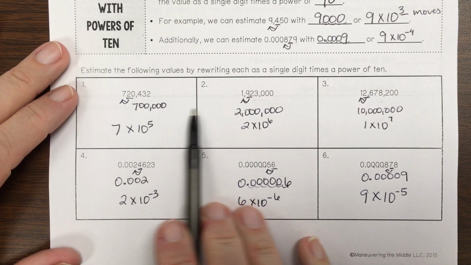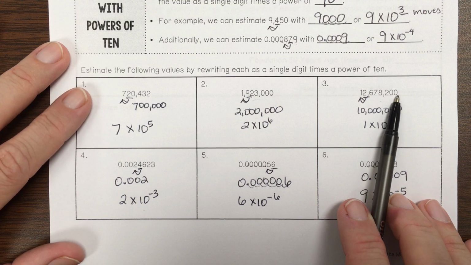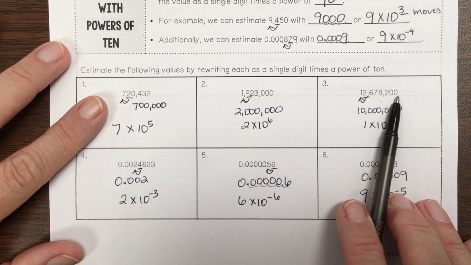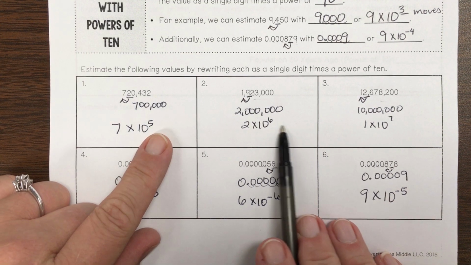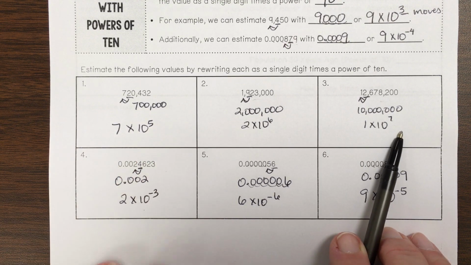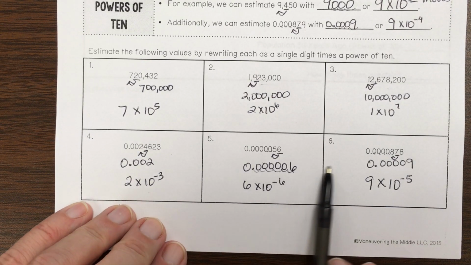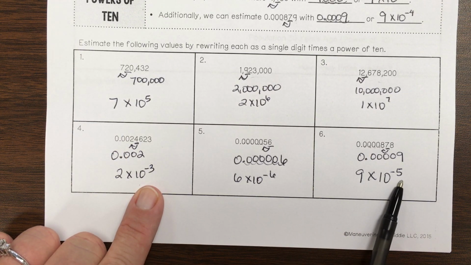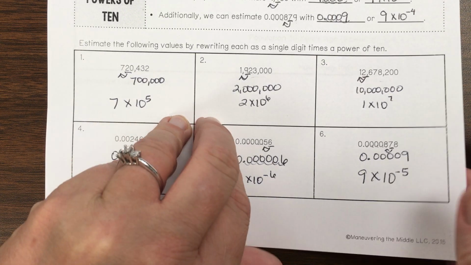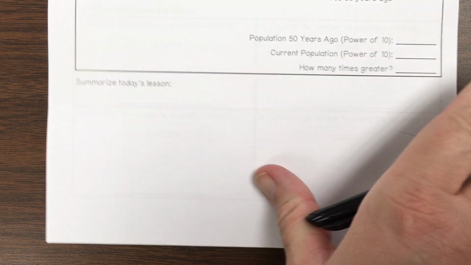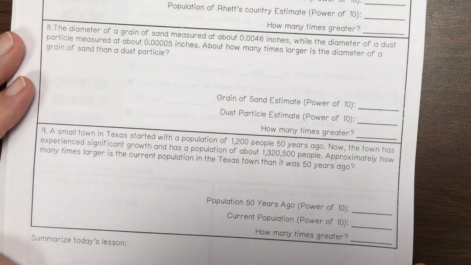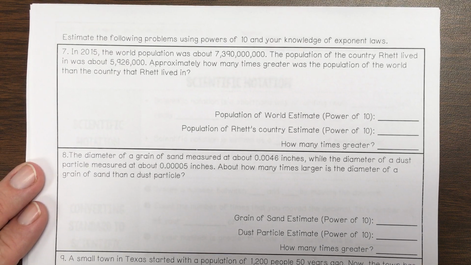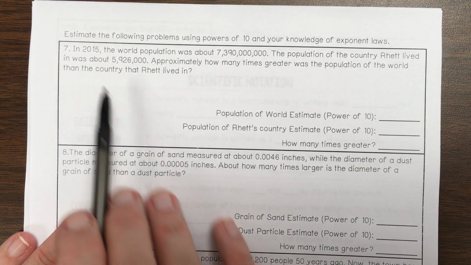Notice how all of these numbers that started out larger than 1 all ended up with positive exponents, and all of these numbers that started out as decimal values less than 1 ended with negative exponents. We're going to take that concept and apply it to word problems.